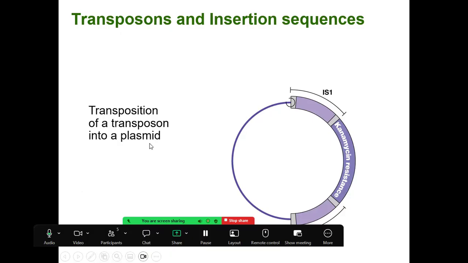So a transposon can move DNA from the chromosome to a plasmid and vice versa. It's important because it can move, like the kanamycin resistance gene, into a plasmid, and then this kanamycin resistance gene is more likely to spread in the population because it's in a plasmid. Any question about any of that?